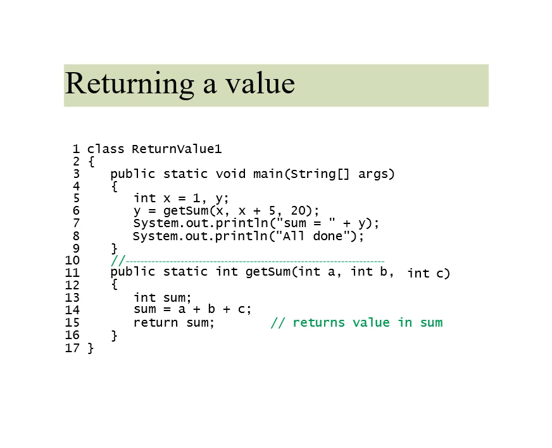All right, and then on line 6 is the call of the getSum method, and you have 3 arguments there: x, x plus 5, and 20. So x is 1, x plus 5 is 6, and 20 is 20, obviously. So the very first thing that's going to happen when line 6 is executed is the computer figures out the value of those 3 arguments.